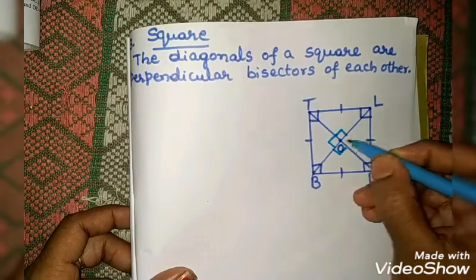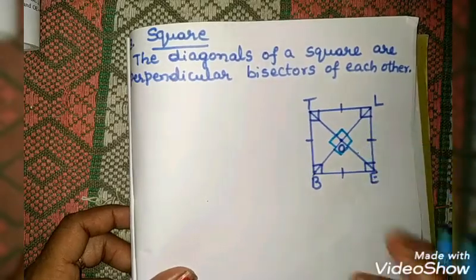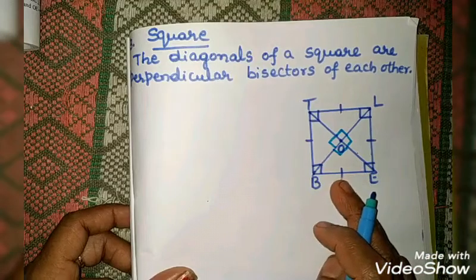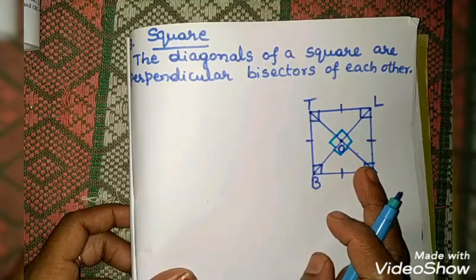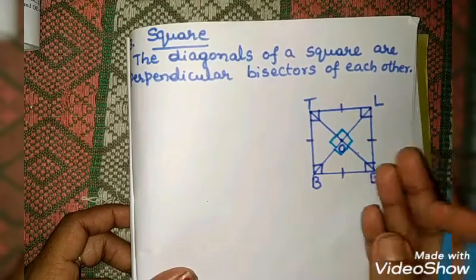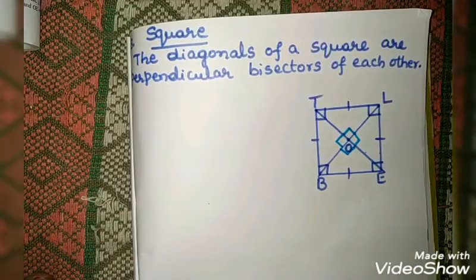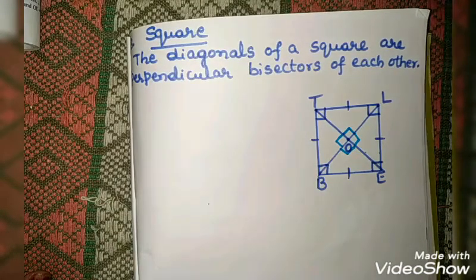Observe children here, they are perpendicular to each other. You can observe here. The diagonals bisect perpendicular to each other. This you have to understand. So, they bisect each other perpendicularly. I hope you understood this concept.